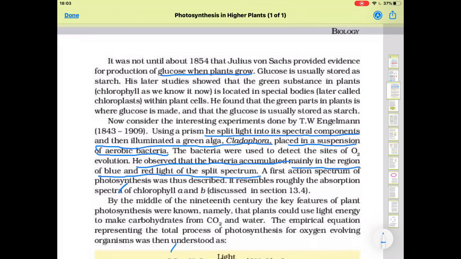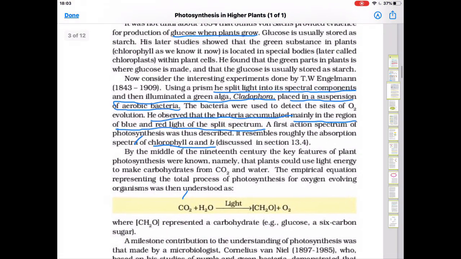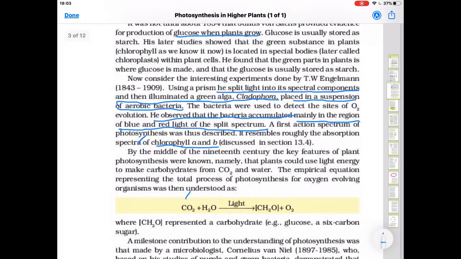The red and blue light shows that the chlorophyll a and chlorophyll b molecules also absorb this spectrum of light only. So he concluded that bacteria are present in this region because oxygen is released and these aerobic bacteria are present near the oxygen, that is near the red and blue light.